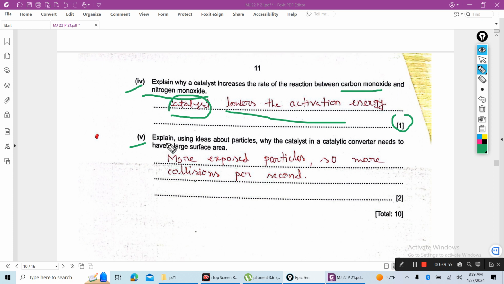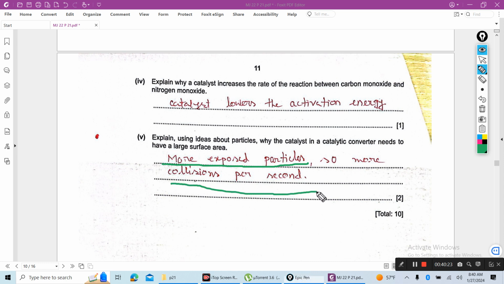Explain using ideas about particles why the catalyst in a catalytic converter needs to have large surface area. If the catalyst has large surface area, more particles are exposed, more molecules are able to react, so more collisions occur per unit time.